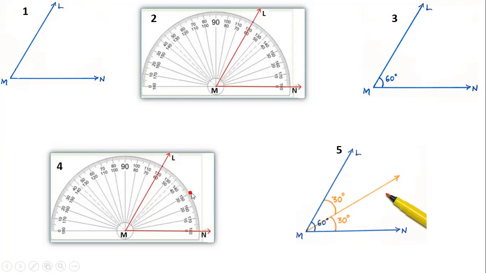With a long ruler, I join this red mark with the vertex M. I got this line which I drew here. So this angle is 30 degrees and this angle is 30 degrees. These two angles will be equal to each other. So always, whenever you want to draw a bisector, you should follow these steps. Any question before I continue about the definition of a bisector and how we draw a bisector, guys?